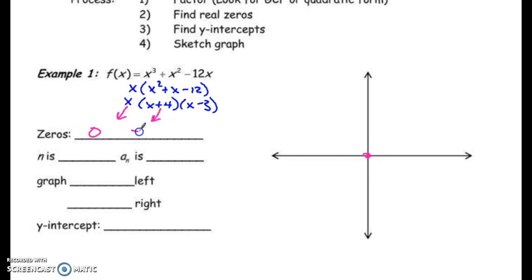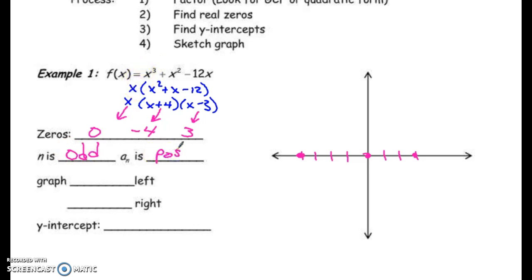Here we're going to get a negative 4, and here we're going to get a positive 3. So we have a negative 4, negative 1, negative 2, negative 3, negative 4, and then a positive 3, 1, 2, 3. So there's our 3 critical points, or zeros.